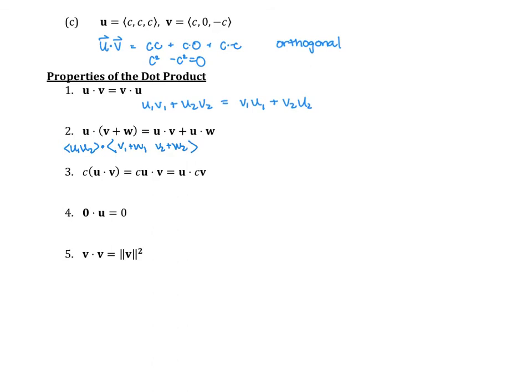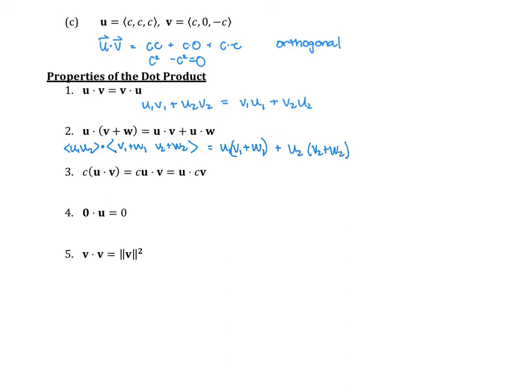And if I do the dot product of those two, I get the first components multiplied, so u1 times v1 plus w1, plus u2 times v2 plus w2.